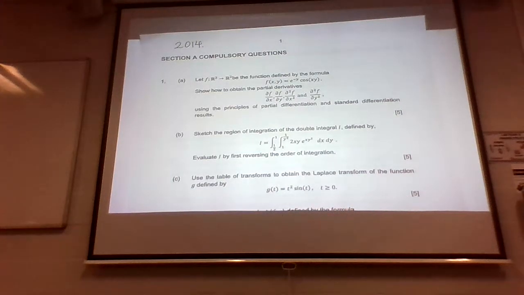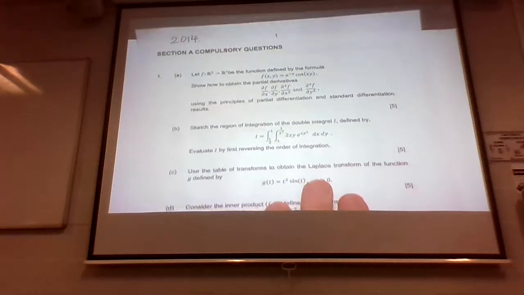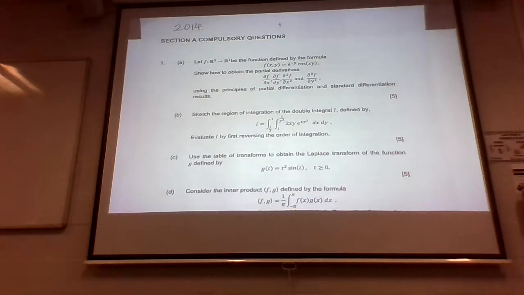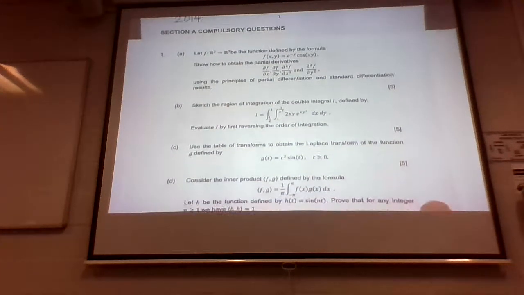So what you've got here is, remember in the maths methods exam, there's always two compulsory questions, question 1 and 2. One of them is question parts from my part of the course, the other compulsory question parts from Stephen's part. Then in part B, there's 6 optional questions, of which you have to do any 3.